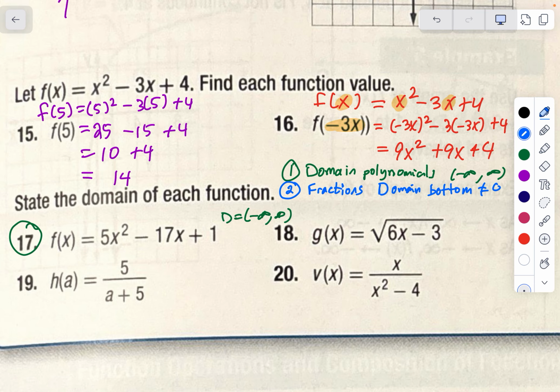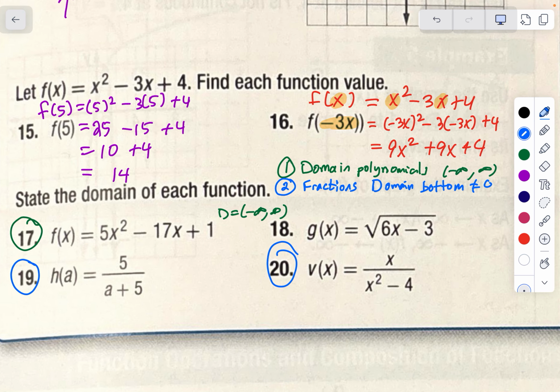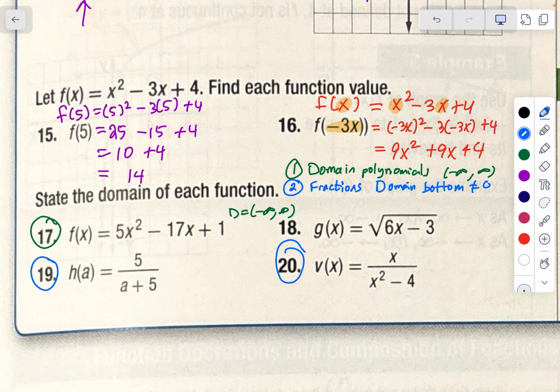So I'm talking about 19 and 20 now. 19 and 20 are fractions. So the only value I cannot use are where the bottom equals 0. So first just take 19, set the bottom equal to 0. 20, set the bottom equal to 0. We need to find those values that mess up that fraction.